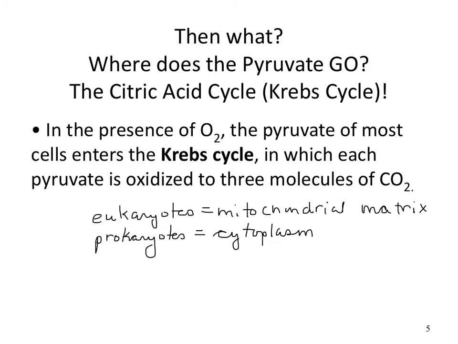The Krebs cycle process only occurs if oxygen is present. Otherwise, glycolysis will simply continue, and I'll talk about that a bit more in the next part of this lecture.